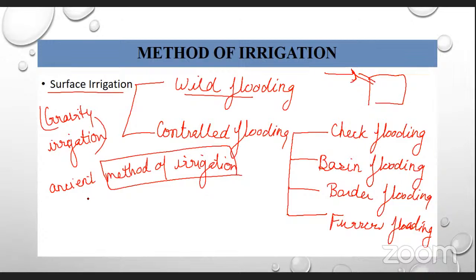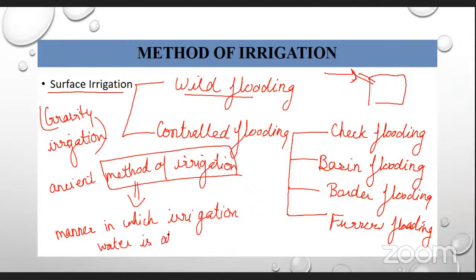In some cases, the question "what is the method of irrigation" is also usually asked. The method of irrigation is the manner in which the irrigation water is applied to the land. Here we have studied that surface irrigation, also known as gravity irrigation, is the most ancient method of irrigation.